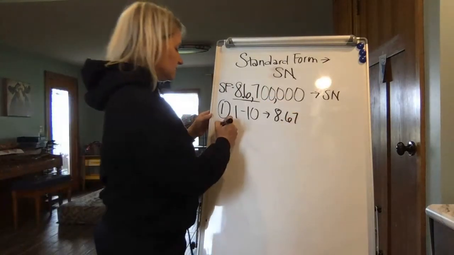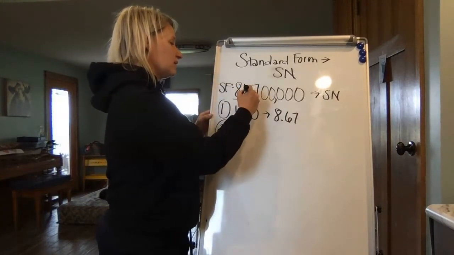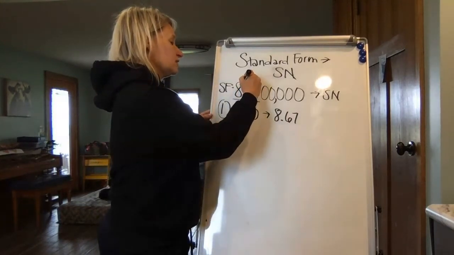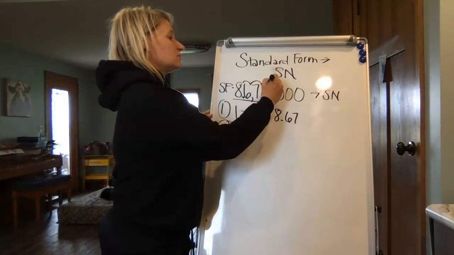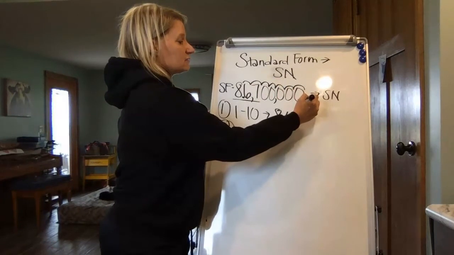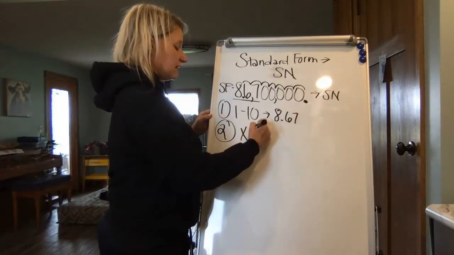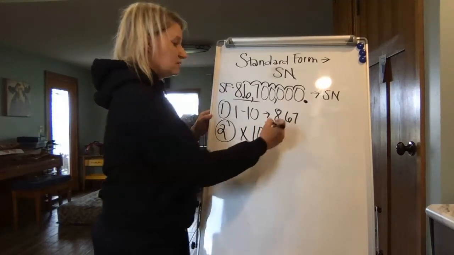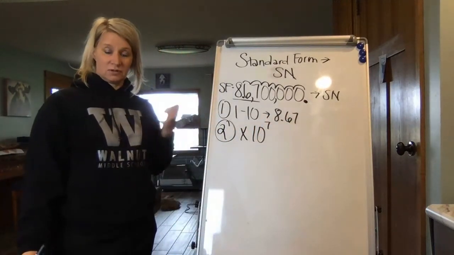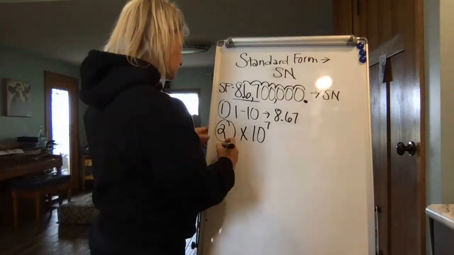Then our second step is figuring out how many places we moved. We put our decimal point there, so we went 1, 2, 3, 4, 5, 6, 7, because this is where our decimal ended up. So that's going to be multiplied by 10 to the 7th, or 10 million.